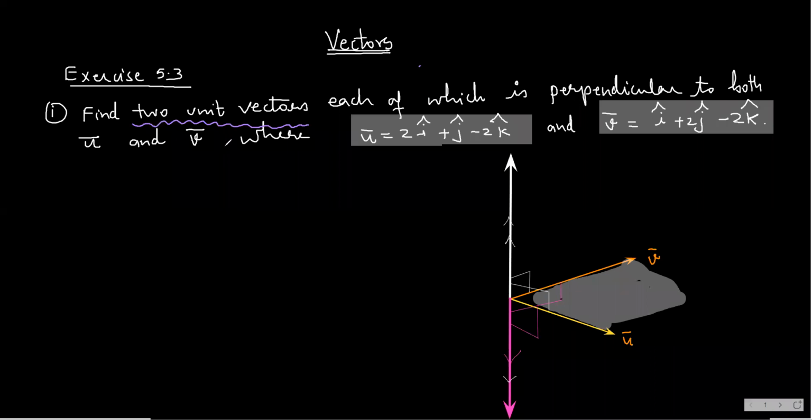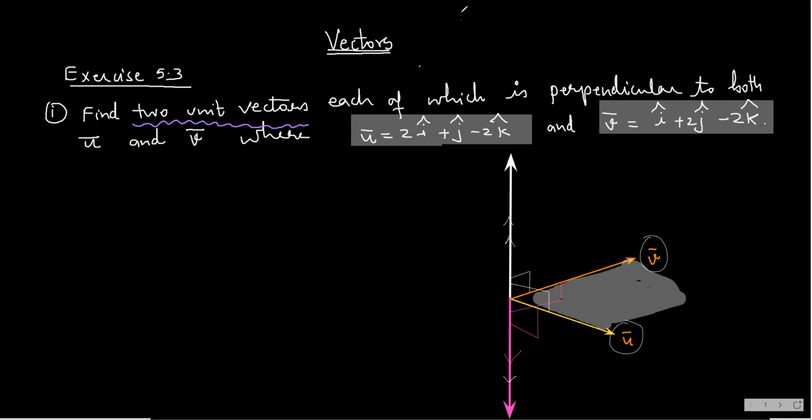Now see, whenever we are given two vectors and we want the direction perpendicular to both the vectors, we will take the cross product of those two vectors.